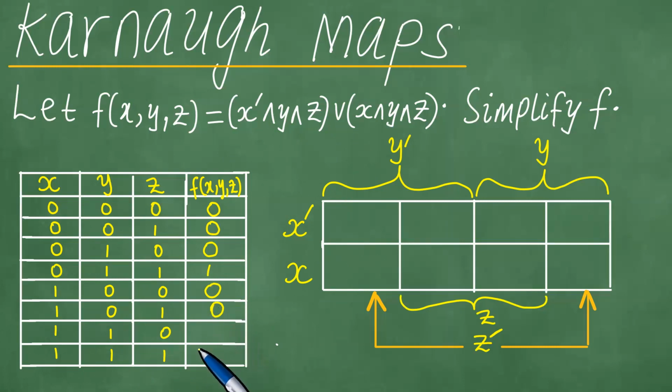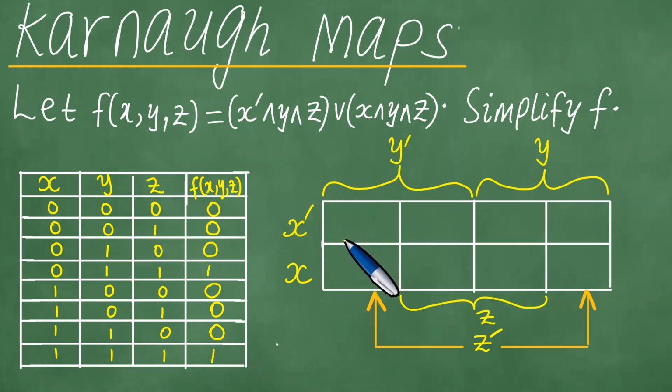Next, 1, 1, 0: not 1 is 0, and 1 and 0 is 0. And 1, 1, 0 gives a 0. Next, not 1 is 0, and 1 and a 1 is a 0. And if you have all ones, a 1 and a 1 and a 1, it becomes a 1.